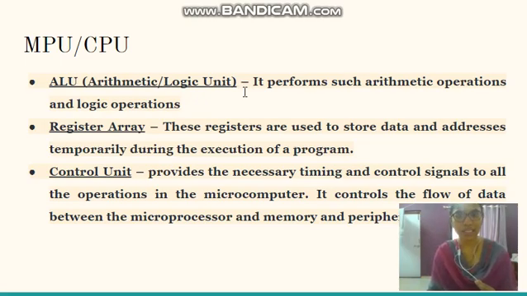As its name clearly indicates, it is able to perform various arithmetic and logical operations on the data given to it. Then we have a register array. Register arrays are the number of registers which are provided in the 8086 to store the data or addresses, but they all provide the temporary storage during the execution of the program.